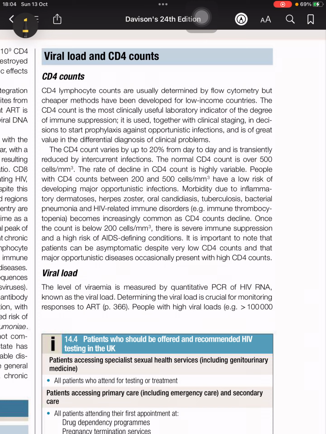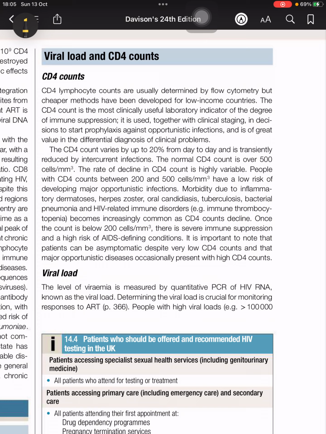The rate of decline in CD4 count is highly variable. People with CD4 counts between 200 and 500 cells per cubic millimeter have a low risk of developing major opportunistic infections. Morbidity due to inflammatory dermatosis, herpes zoster or oral candidiasis, TB, bacterial pneumonia, and HIV-related immune disorders such as ITP becomes increasingly common as CD4 counts decline.